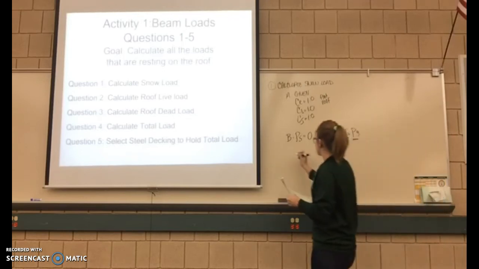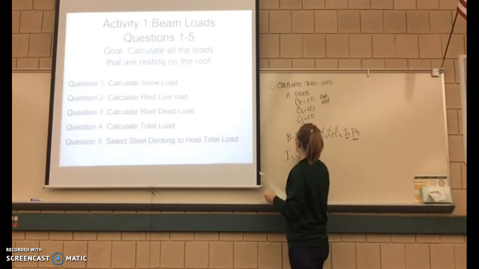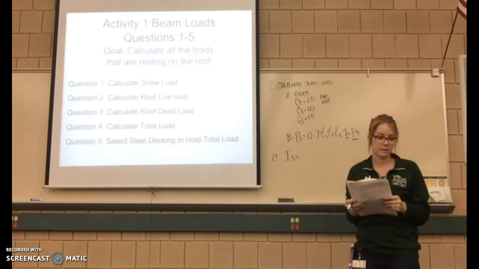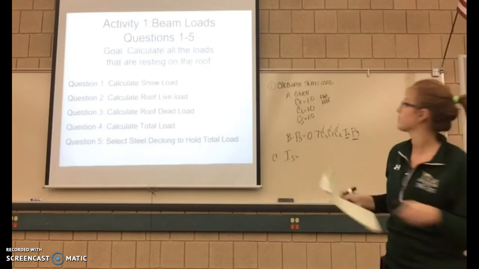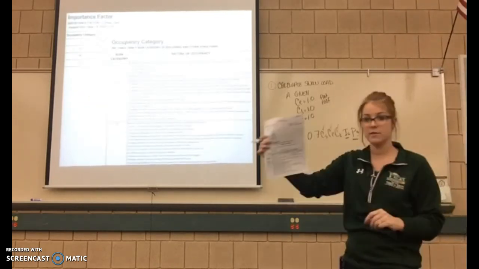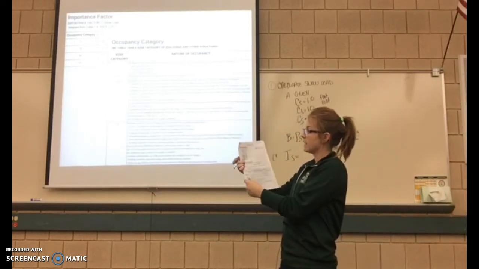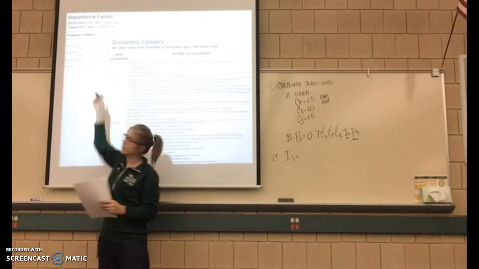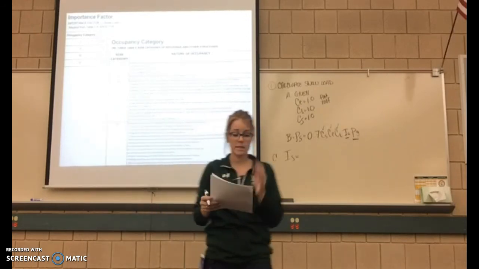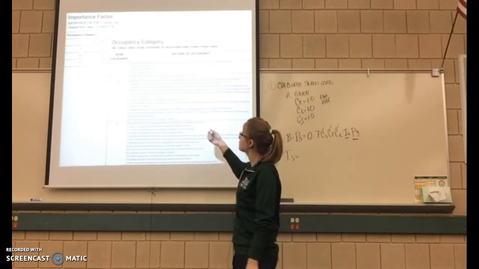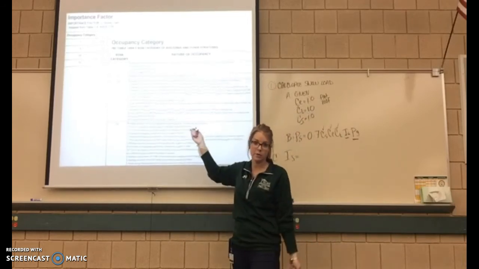IS is the importance factor. This is step C: finding your importance factor. We go to the first page of your packet to find it. We know this is our importance factor, but we don't know if we're occupancy category 1, 2, 3, or 4. We figure that out by reading what kind of occupancy category we are.